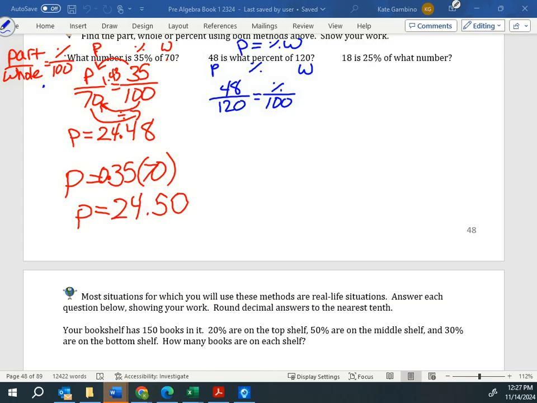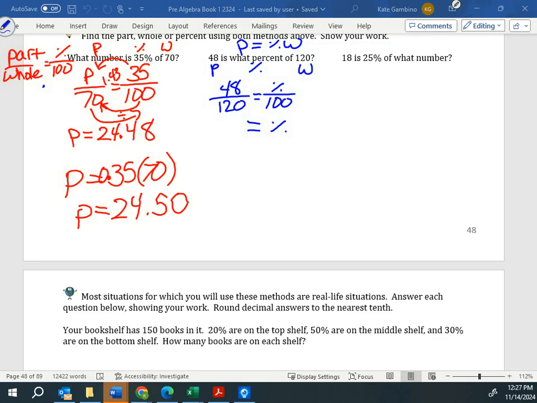How do you think we should solve that? Graham? There's more to it than that. So what we want to do is get the percent by itself. Right now, our percent is being divided by 100. If we want the percent by itself, remember that one-step operation, what do I have to do to get that percent by itself?